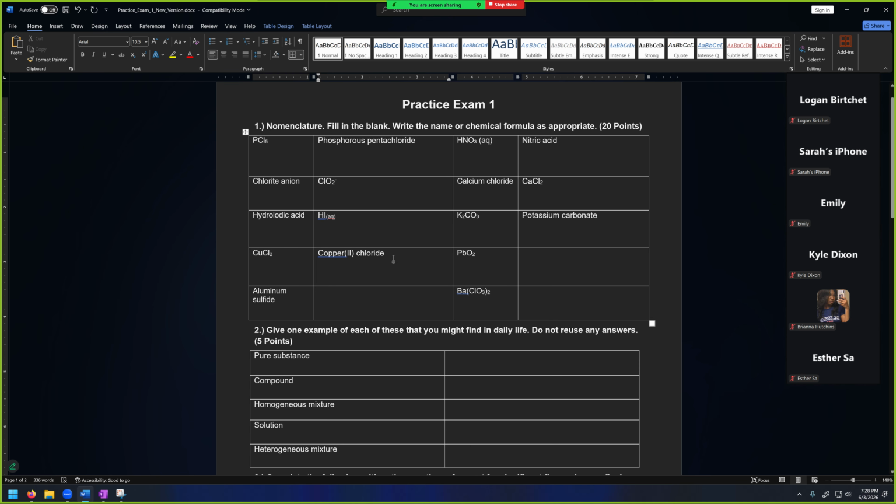I find that this is a very common mistake students will make. They will look at the number of chlorides and say, great, this is copper 2 dichloride. But we don't want to be redundant in chemistry, so make sure you only use the Roman numeral 2 to specify the number of chlorides.